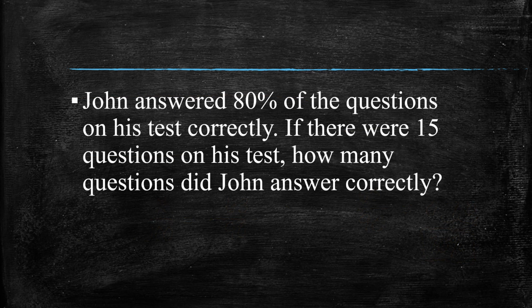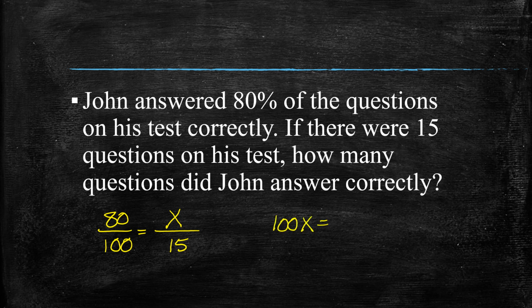John answered 80% of the questions on his test correctly. If there were 15 questions on his test, how many questions did John answer correctly? So he answered 80%, so 80 over 100. And we want to know how many he answered correctly out of the 15 on his test. So 100 times x is 100x.